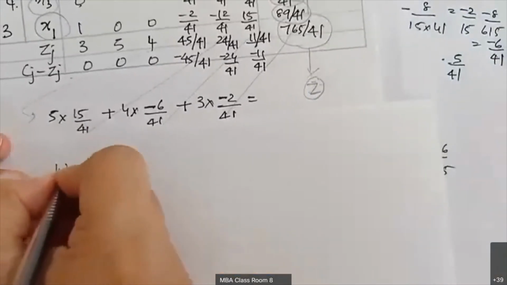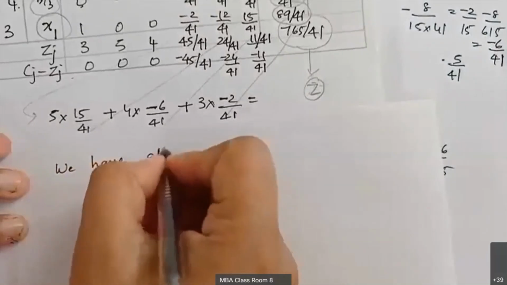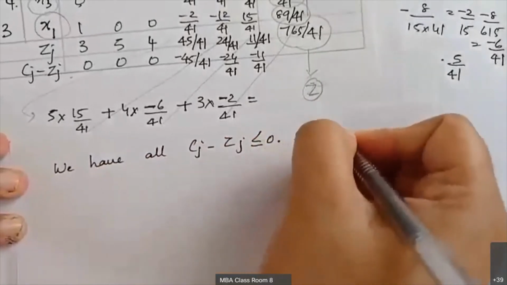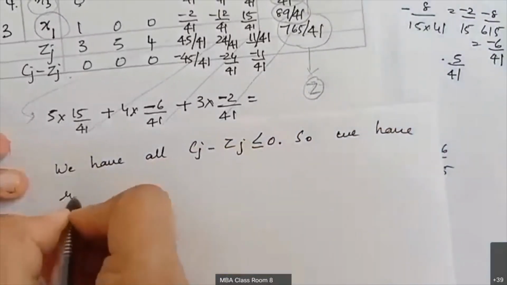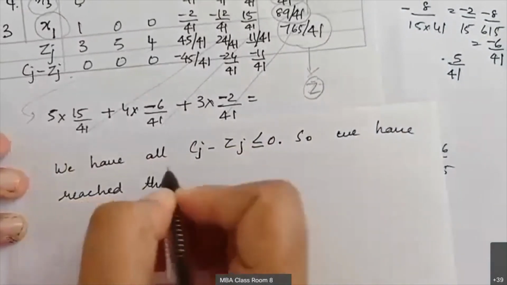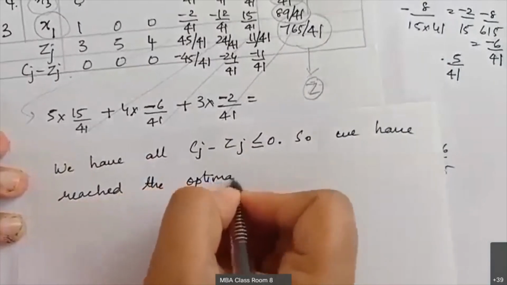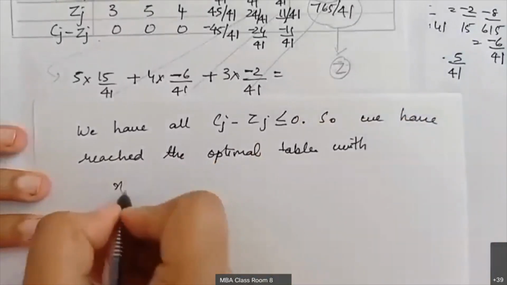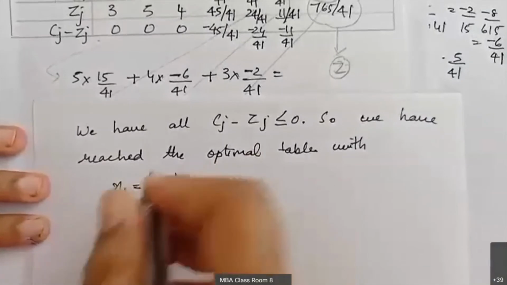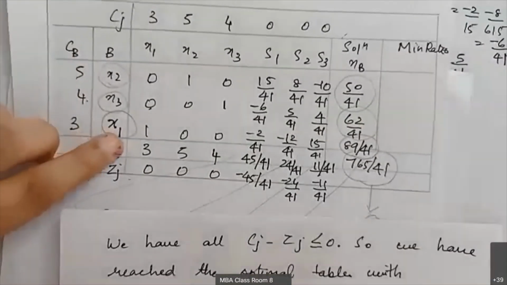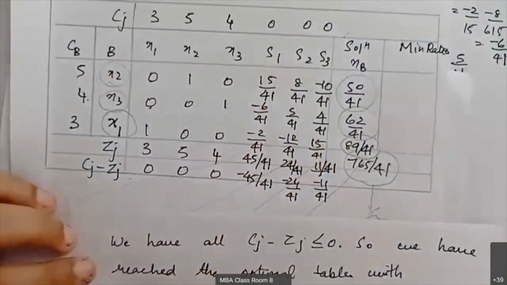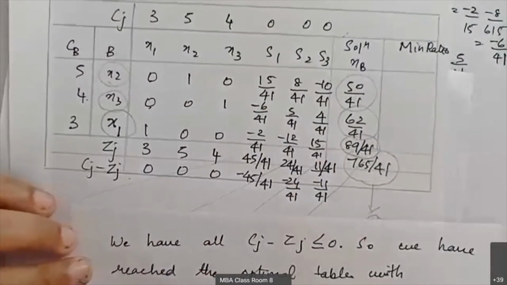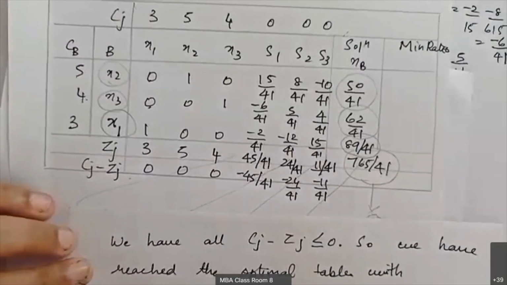We have all Cj minus Zj less than or equal to 0, so we have reached the optimal table with x1 equal to 89 divided by 41, x2 equal to 50 divided by 41 and x3 equal to 62 divided by 41.